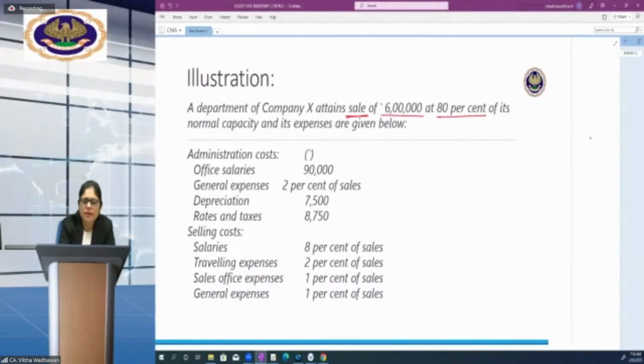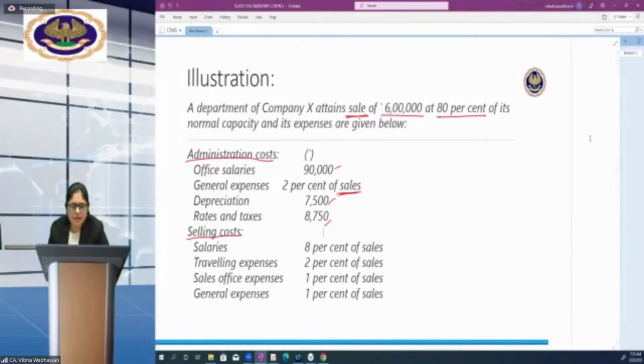So the expenses are administration cost, selling cost. See, so under administration cost, there are fixed costs also, there are variable costs also. Any percentage of sales will be taken as variable. And anything which is given as a fixed amount is treated as fixed.